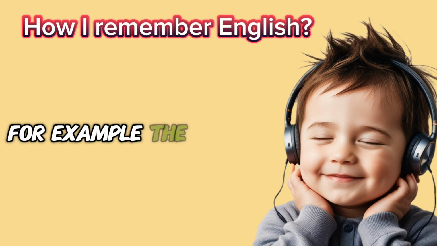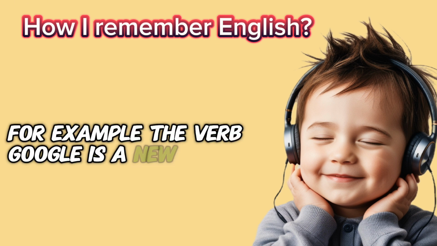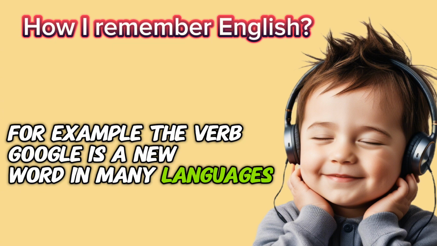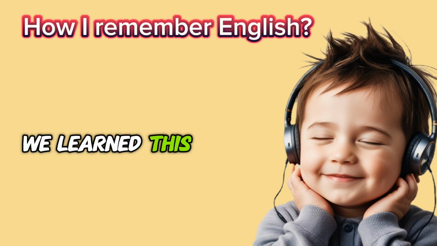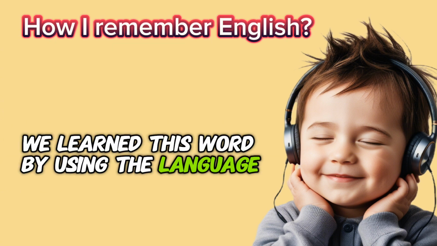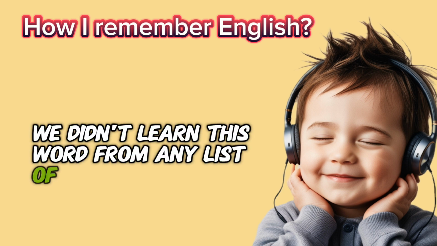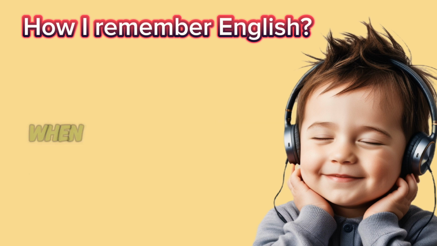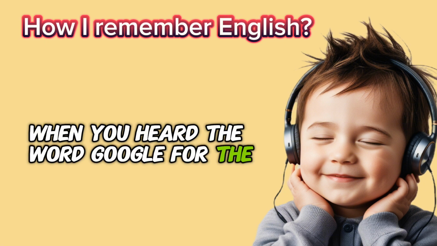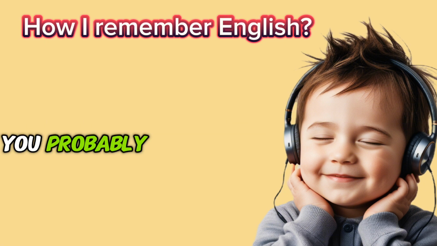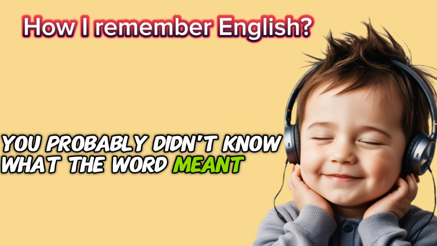We keep learning new words this way all our lives. For example, the verb Google is a new word in many languages. We learned this word by using the language. We didn't learn this word from any list of words. When you heard the word Google for the first time, you probably didn't know what the word meant.